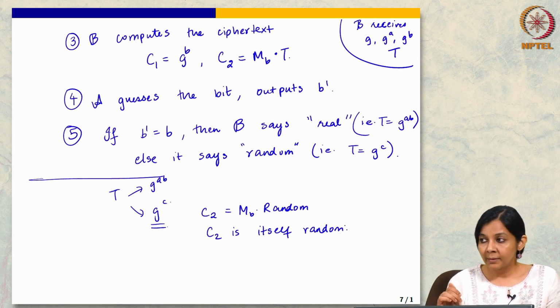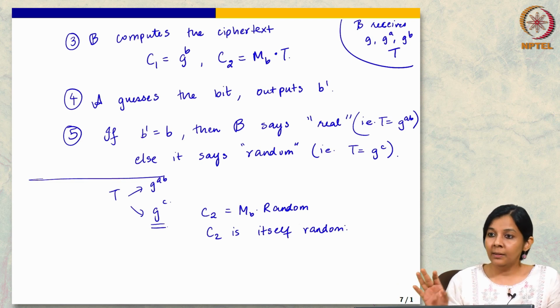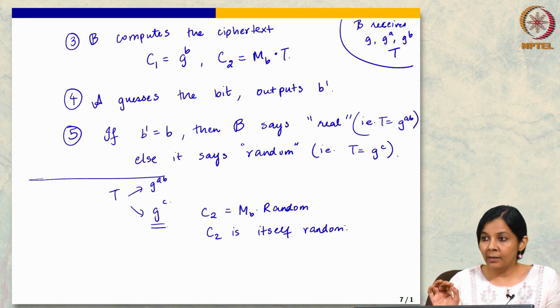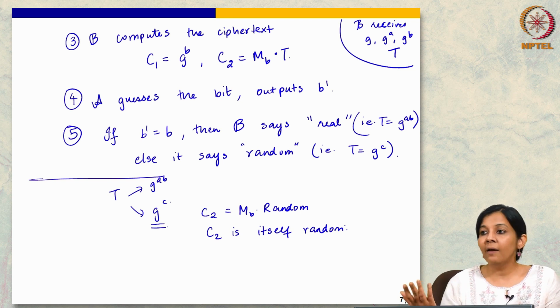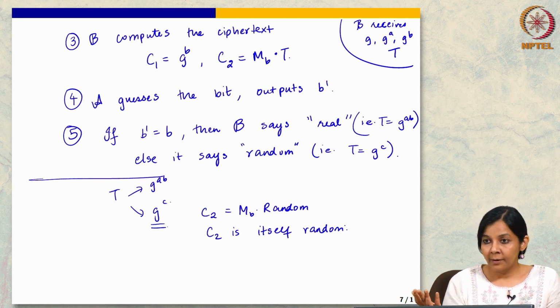Okay. Is this clear to everyone? So, if the target element T was a truly random element G to the C, then this target element times the message is also truly random and it completely information theoretically hides the challenge bit b. So, in this case in fact the attacker cannot have any advantage. Okay.